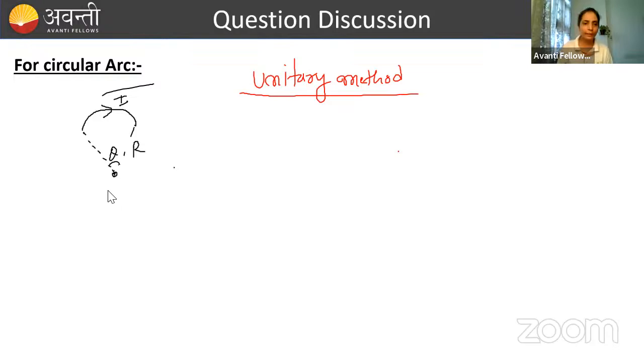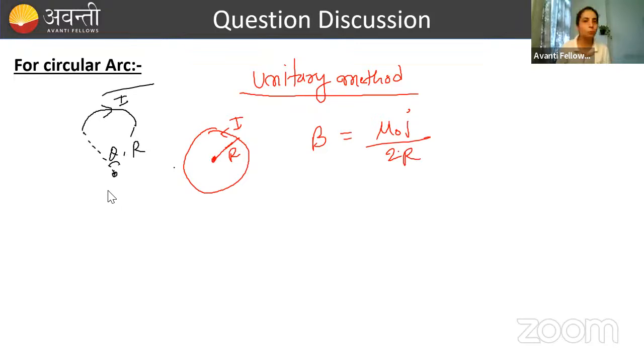So here, look at what we have to do. I just told you the formula that because of the whole circle, magnetic field at the center, if current flowing is I, B is equal to how much? Mu naught I by 2R. Done. So whole circle is making how much angle at the center? 2 pi angle. So for 2 pi angle, magnetic field is mu naught I by 2R.